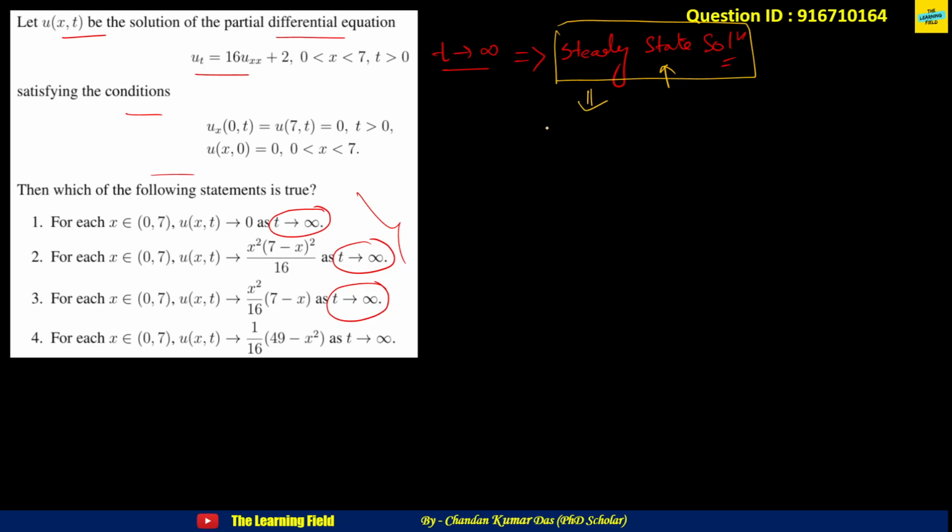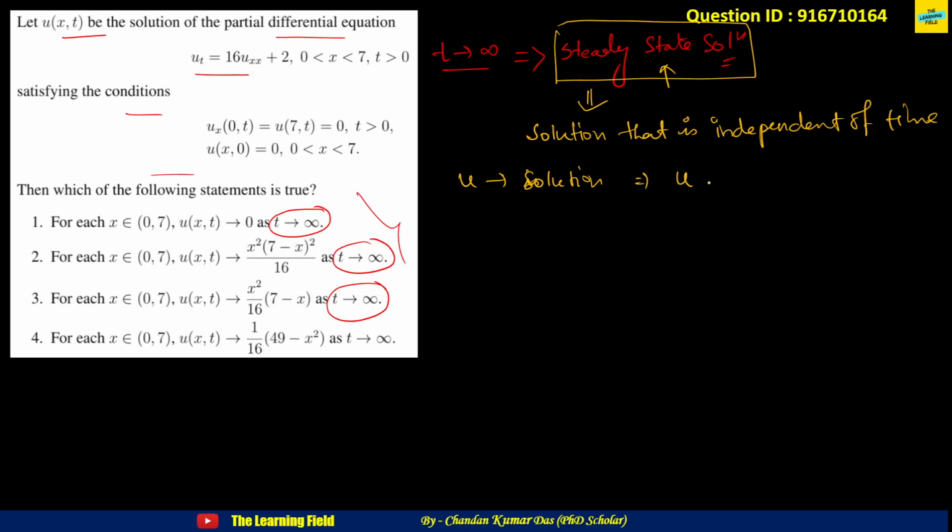Steady state solution means a solution that is independent of time. Now here if u is the solution, then u is independent of time. That means here u_t is equal to 0. Fine. del u del t equal to 0. u is constant in time. That means del u del t equal to 0.